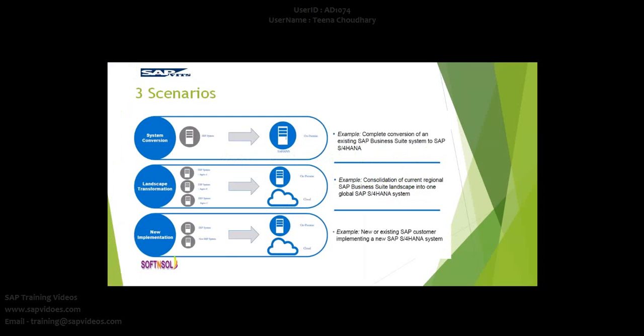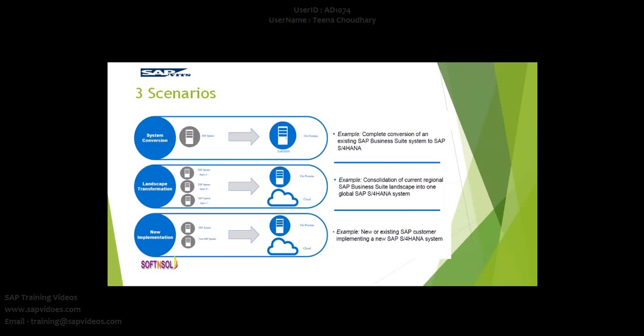So basically, when we talk about the methodology for moving on to SAP S/4HANA, there are three different scenarios. The first scenario is a system conversion. It is simple: you have an ERP system currently, which is SAP, and from this ERP you are moving to SAP S/4HANA.